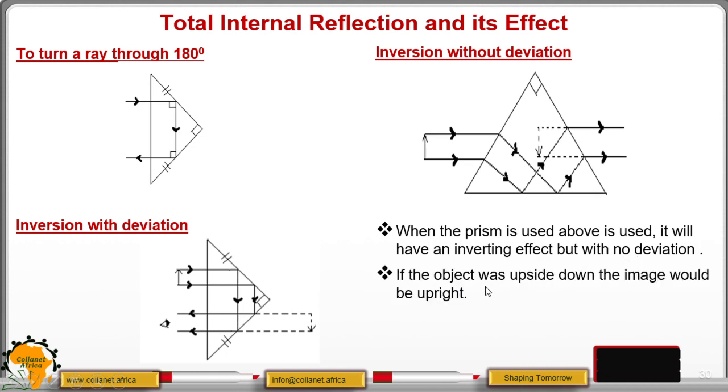And therefore, if the object was upside down, the image will be upright. So these prisms can be used as erecting prisms, the way it is formed here. That is why we are saying it can be used as an erecting prism.